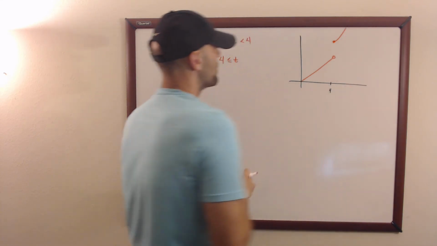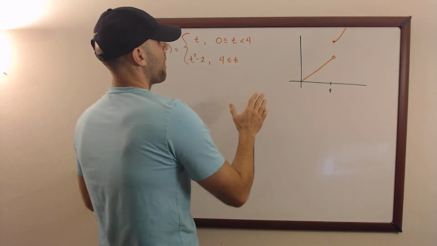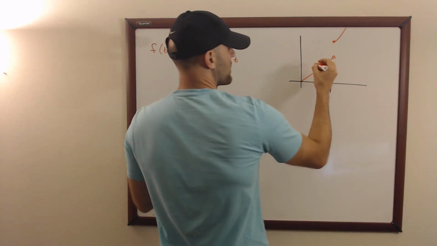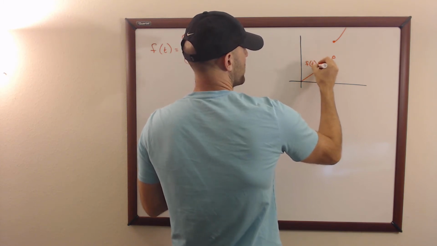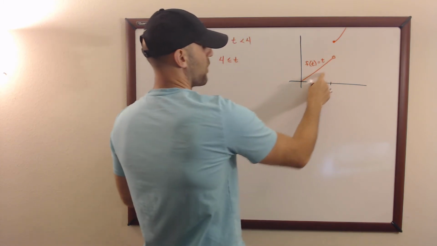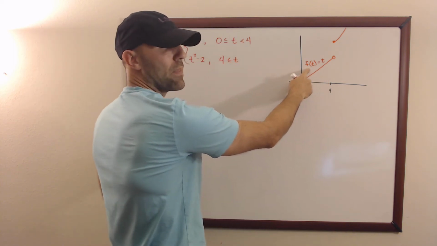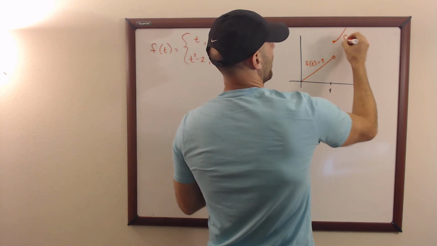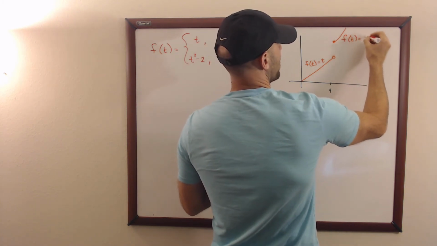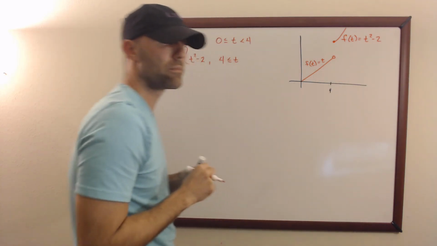And so what I want is to somehow operate on the left-hand side. I want this to be the function f of t equals t, and then when I get to 4, I want to turn this function off. And then right here, I want f of t to be equal to t squared minus 2. So at 4, I want to turn this one on.